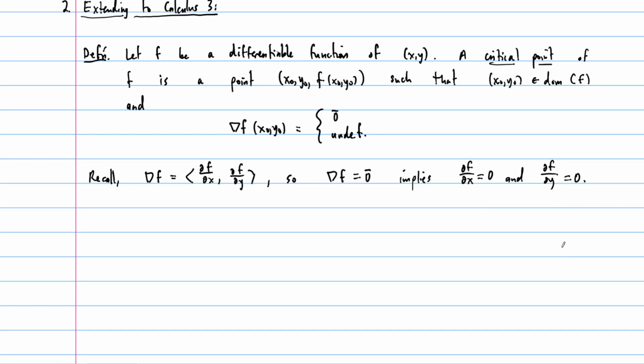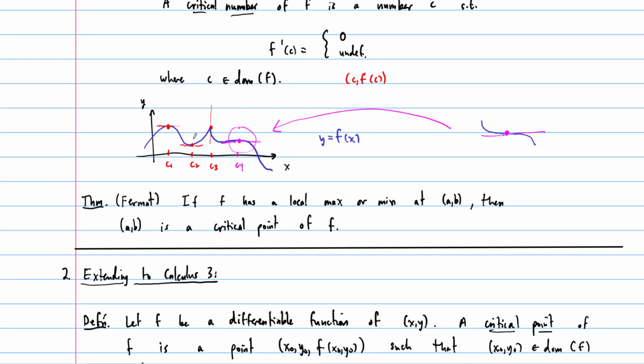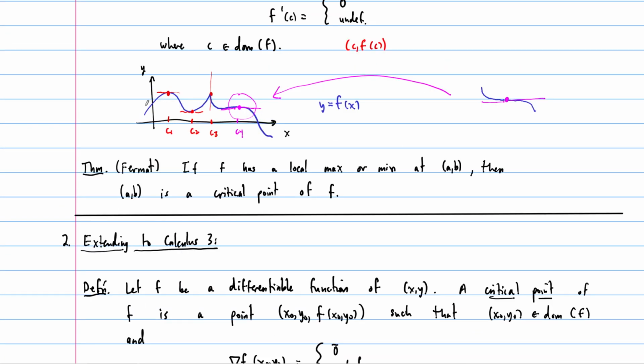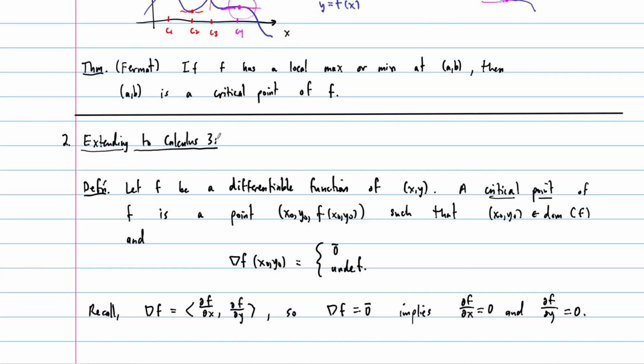So let's think about geometrically what this means, right? If our gradient vector is the 0 vector, then the tangent plane to our surface at any of these points is going to be parallel to the xy plane. We can regard that as horizontal, right? If we go back to our Calc 1 analogy, then a horizontal tangent line corresponds to a tangent plane that is parallel to the xy plane.